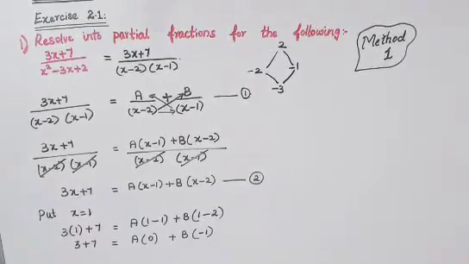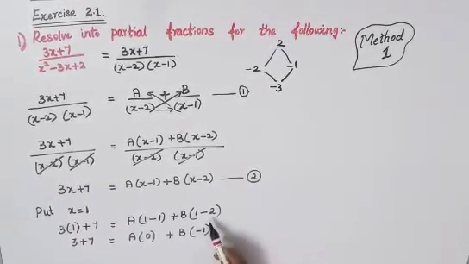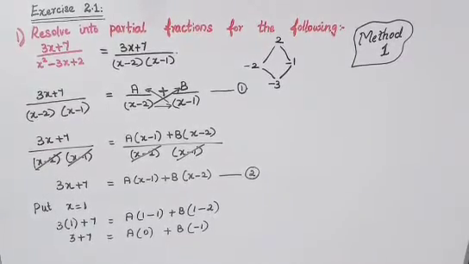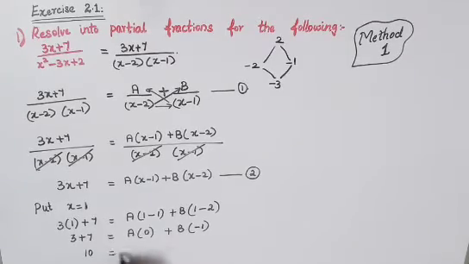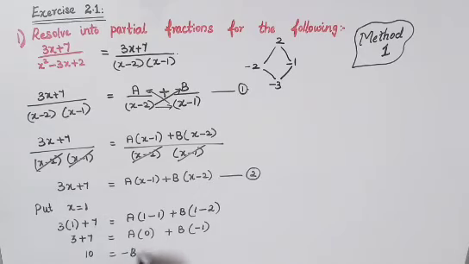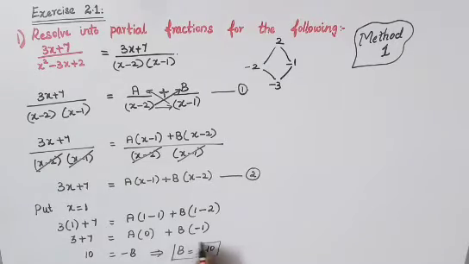Subtract and put the bigger number's symbol; the bigger number is 2, so minus 1. Now 3 + 7 is 10, which is equal to minus B, since this part becomes 0. That implies B is equal to −10. So we have got the value of B.